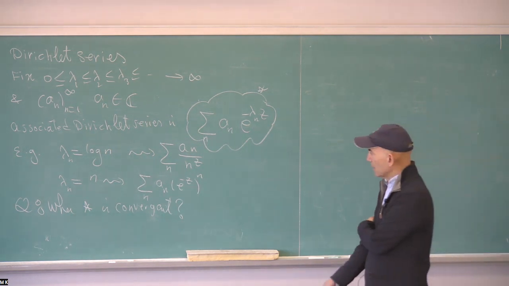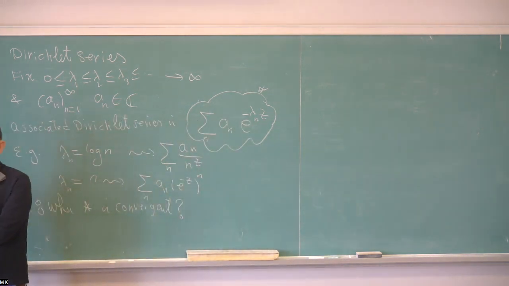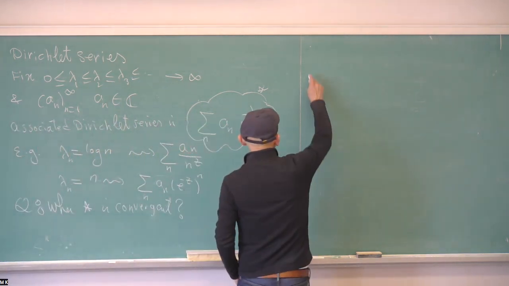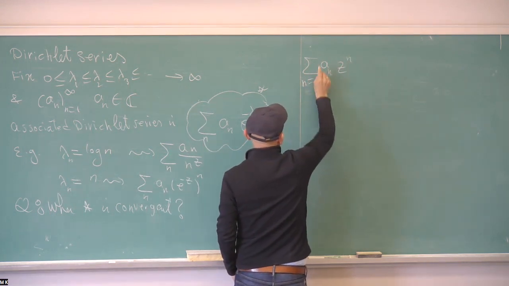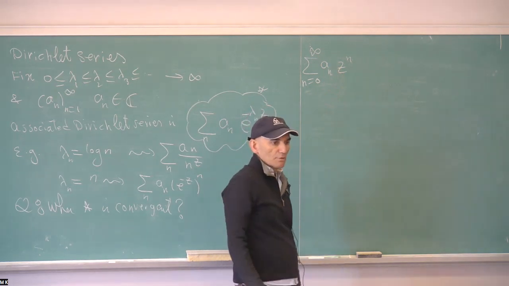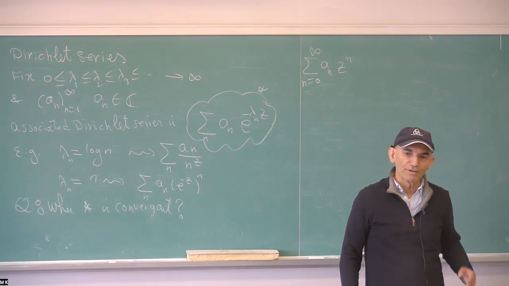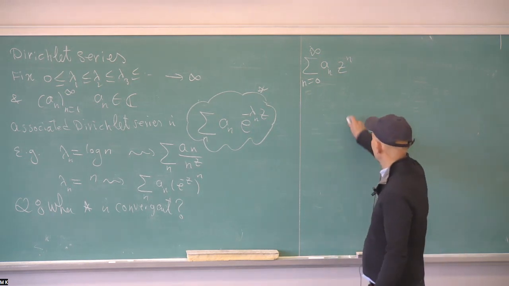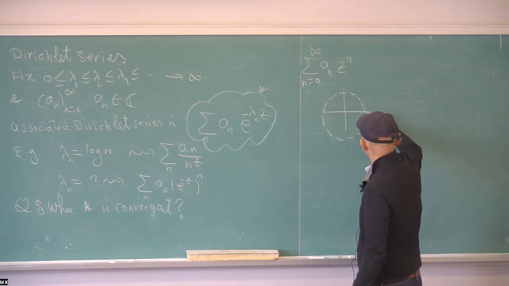So to give you some idea, let's think about power series that you learn in complex analysis, right? Power series are nice because the domain of convergence is a disk; there's a radius of convergence rho.